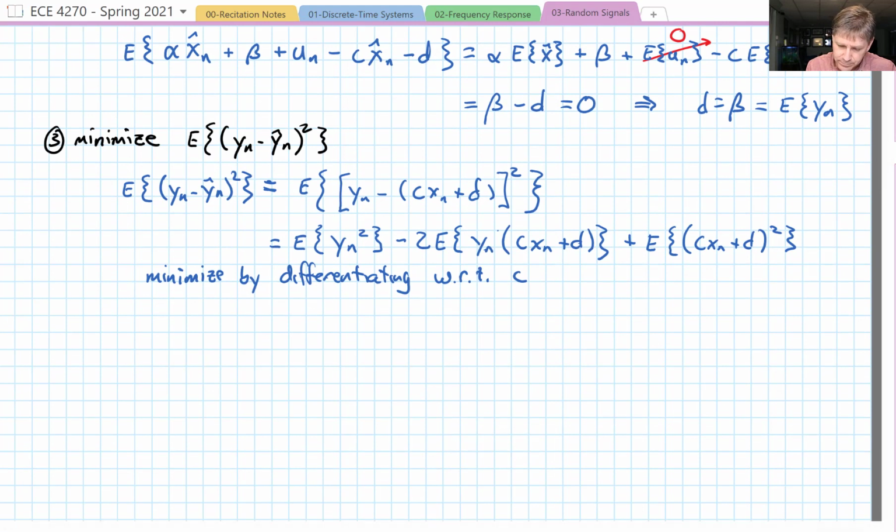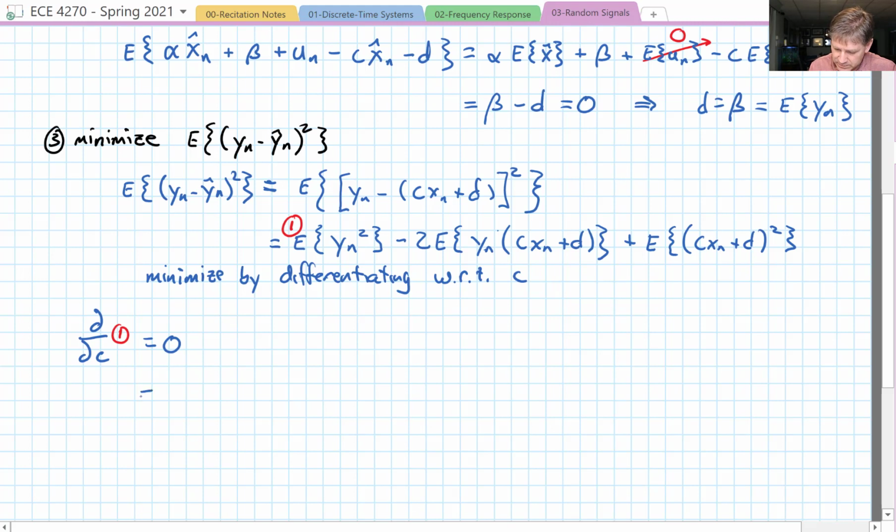Okay, so we'll call this equation 1, so I don't have to type it all out again. And we get the derivative of 1 with respect to c is equal to 0.